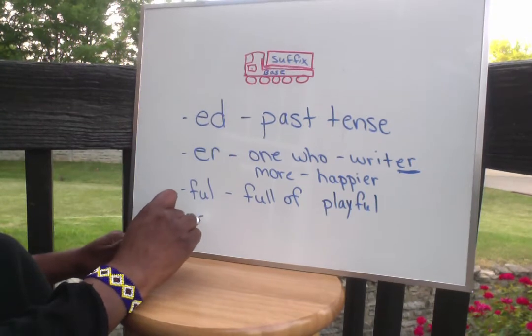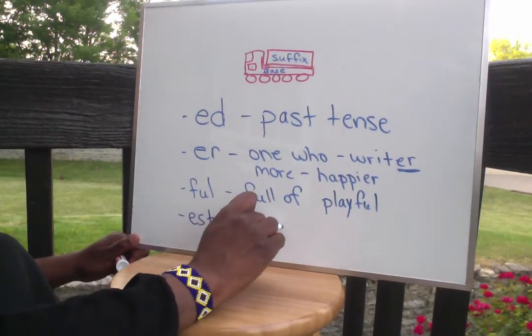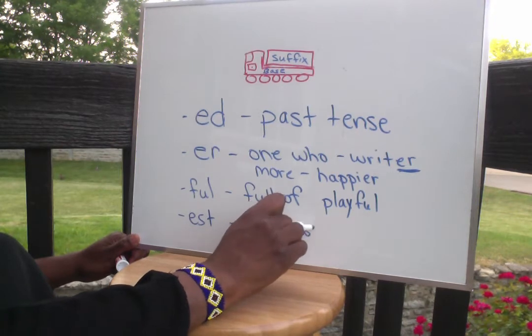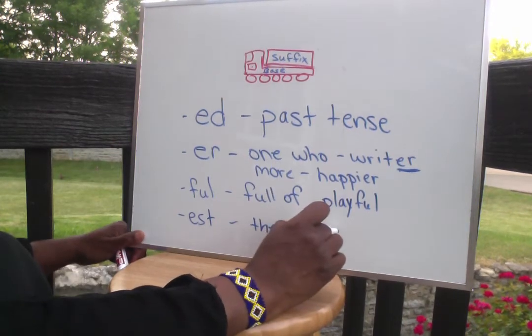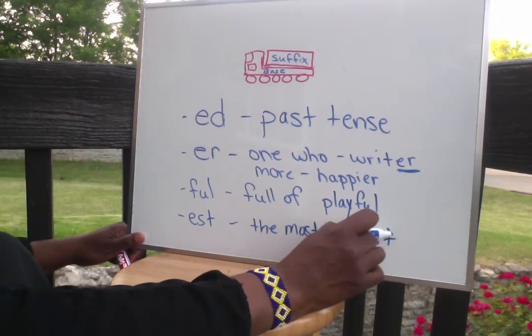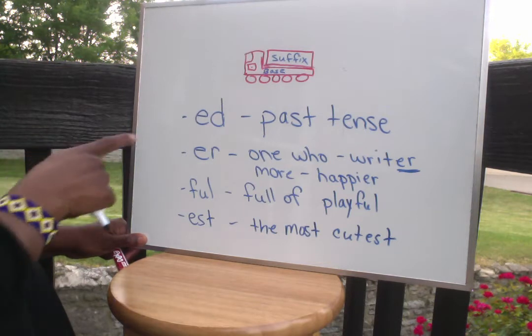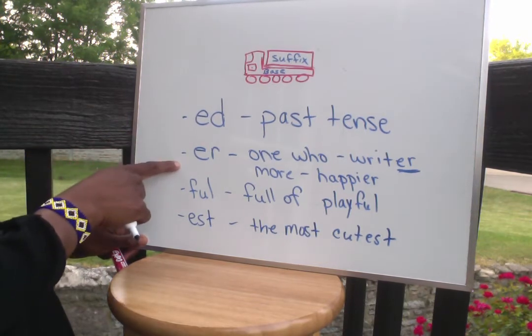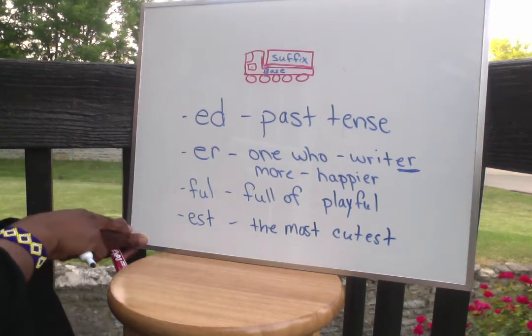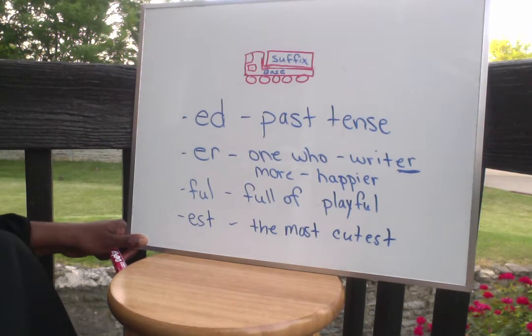The suffix est, which means the most. She is the cutest. The most cute. All right? So we have ed, we have er, we have ful, and est. Those are common suffixes.